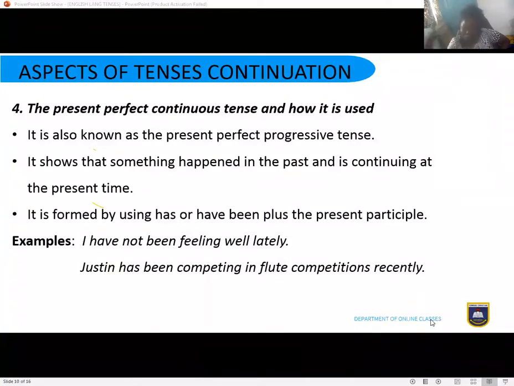The action is completed and it will still continue in the present time.